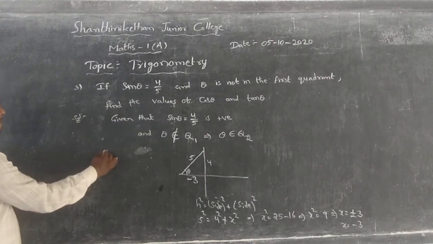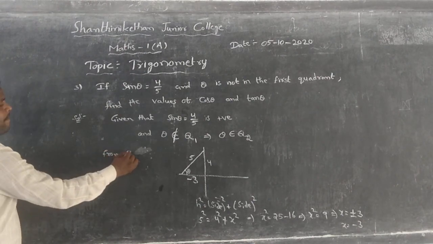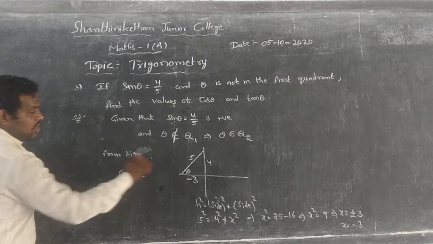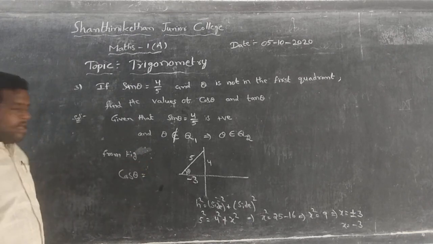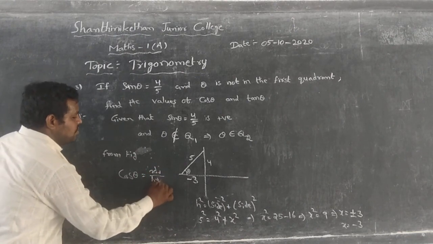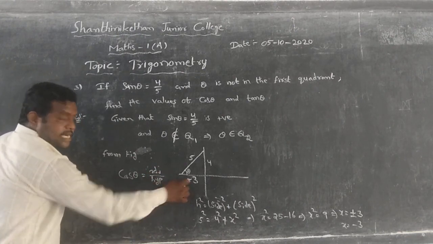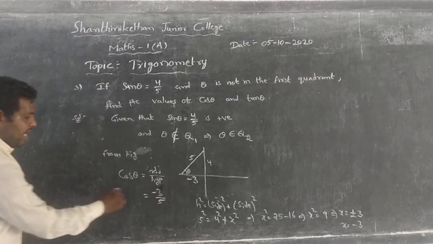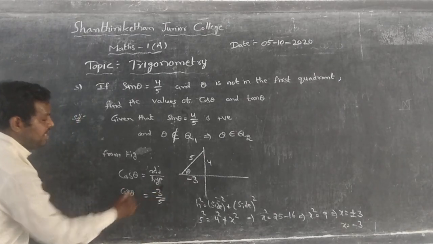From the figure, we can write cos theta. Cos theta means adjacent side by hypotenuse. What is the value of the adjacent side? Minus 3 by 5. That is the cos theta value. And what is the other value?